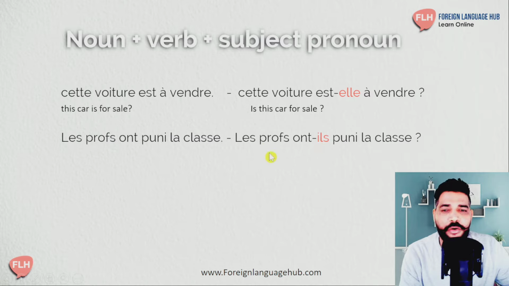The pronoun is in accordance with the noun, right? Like in the previous sentence, elle is in accordance with the noun. Voiture is feminine, so that's why we have put elle there. Here les profs is third person plural, so we are putting ils for it. So les profs ont-ils puni la classe?